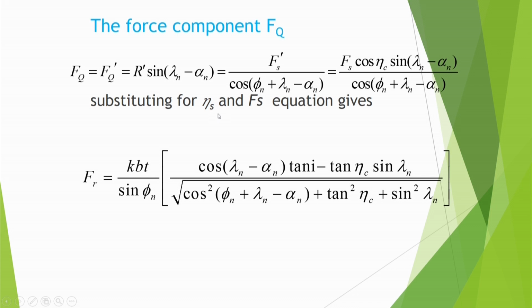Substituting for Ns and Fs gives you, by some algebraic manipulation, FR is equal to K B t sin phi n, and so on. So these are basically the force relations. They are given in GK Lal's book and many other places. There is no issue, the expressions are well known and documented in papers, but you have to understand them.